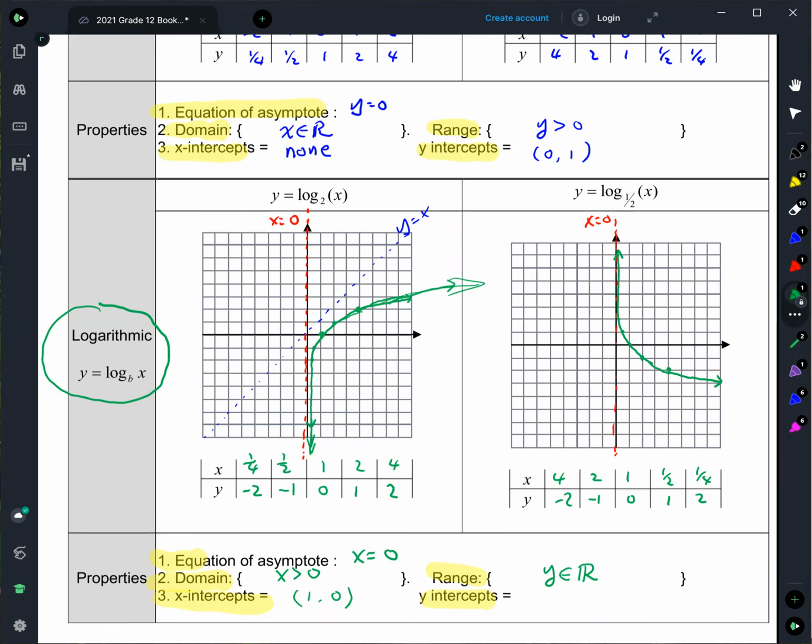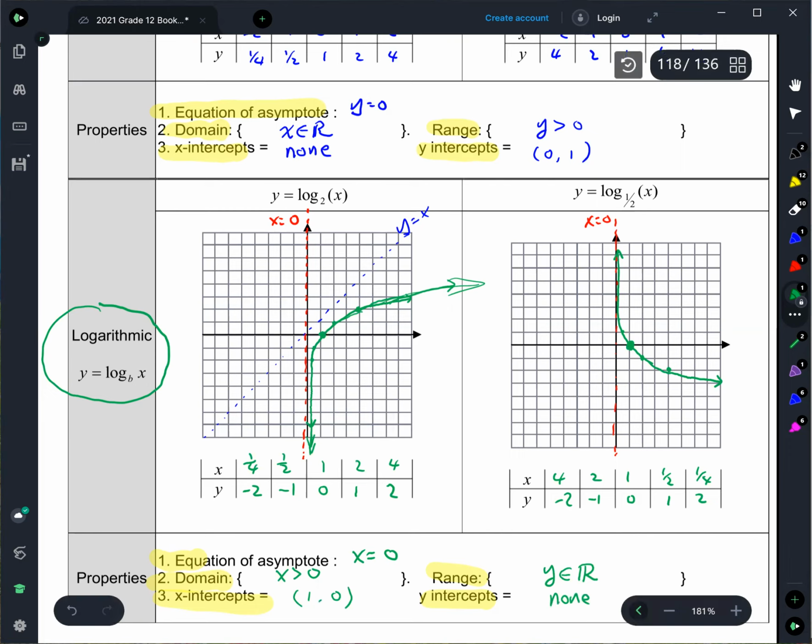X-intercept, we have a point here. The x-intercept crosses the x-axis. Okay, y-intercept, Eric? Sorry, I couldn't find the unmute button. It's 1, right? Oh wait, there's none. Yeah.